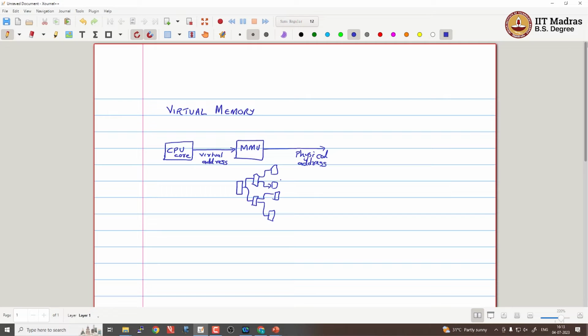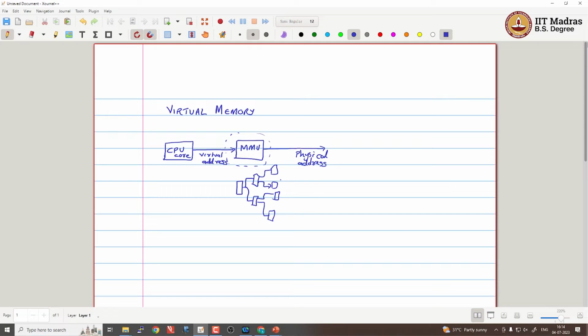So here is where there is an interplay between the hardware and the operating system, right? The memory management unit is essentially part of the hardware, and it takes a virtual address and converts it to a physical address.